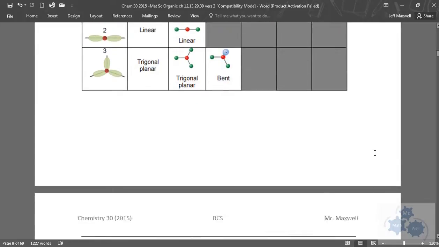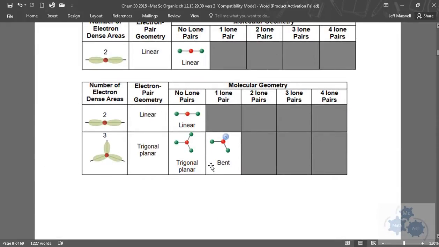Okay, and I should mention here before I move on that if we have one lone pair of electrons, we're going to have a similar thing happening. It's going to be shaped the same way, except these lone pairs are not an atom. And so that's when you end up with a bent molecule. As I mentioned, H2O is like this. Let me get my pen out here. If we're talking about water, there's the O, here's an H, and here's another H. This is the way we draw the water molecule.